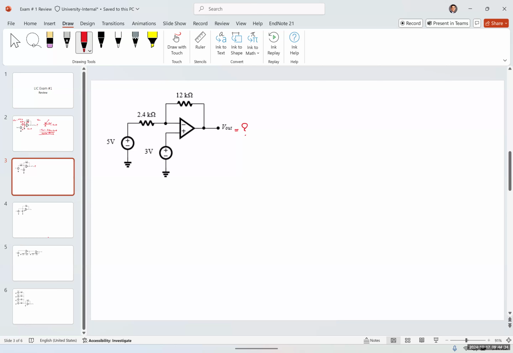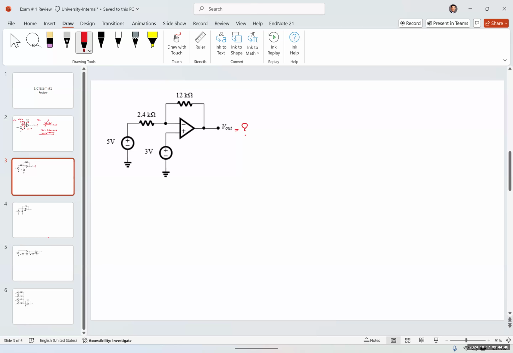Because it's an inverting amplifier, the output would be. Okay. You want me to solve it?